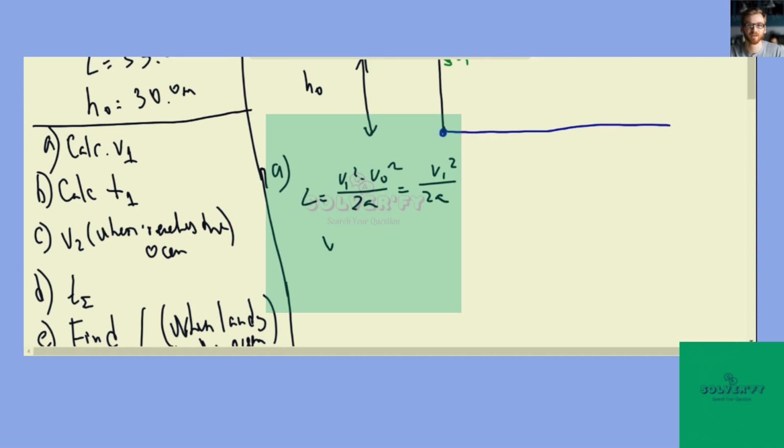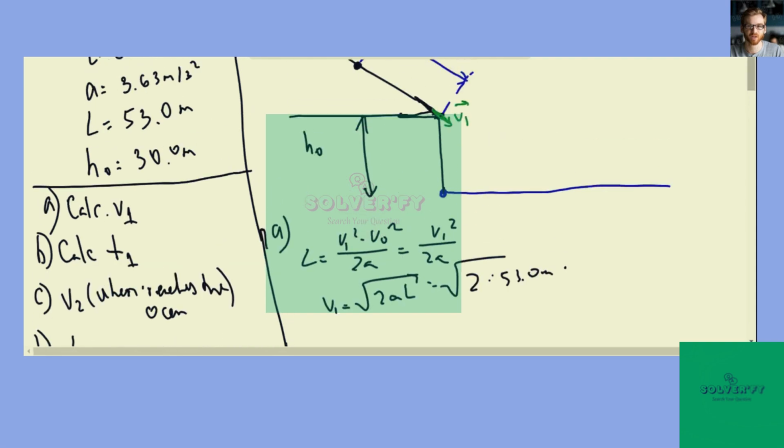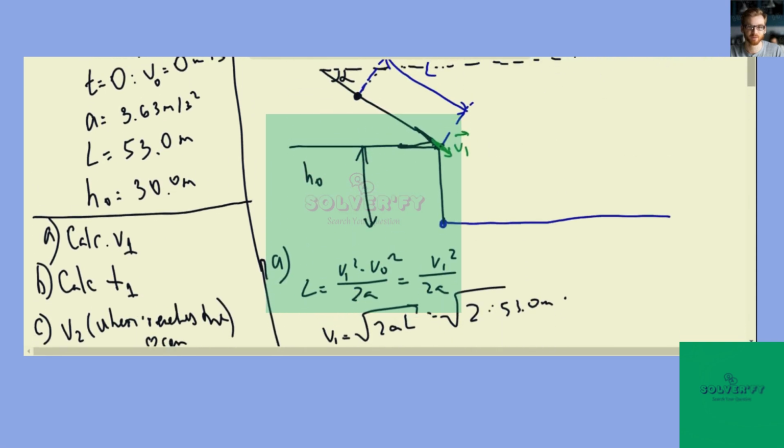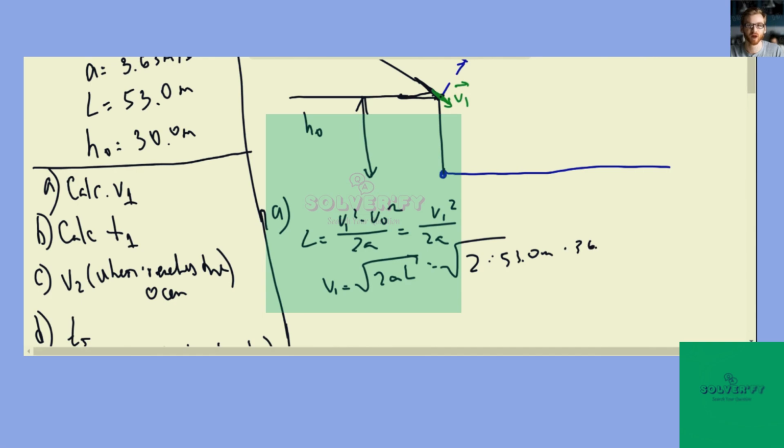Then v1 equals the square root of 2aL, or the square root of 2 times 53.0 meters times 3.63 meters per second squared. Let's calculate this velocity. It equals 19.6 meters per second.